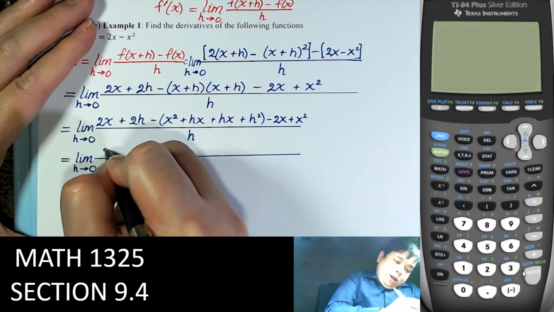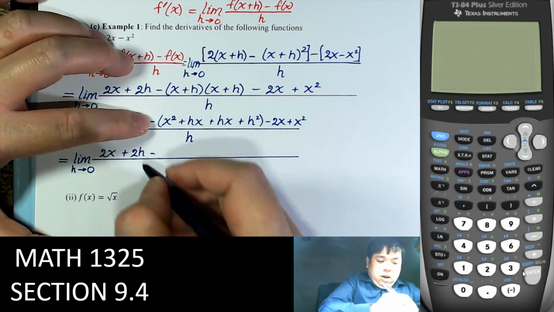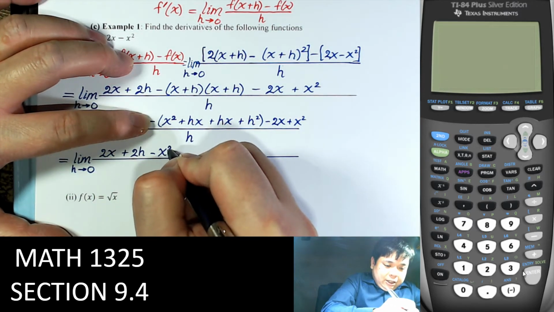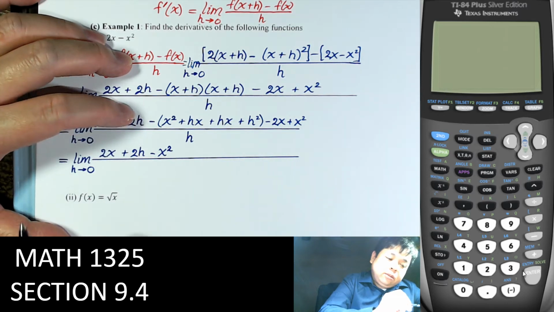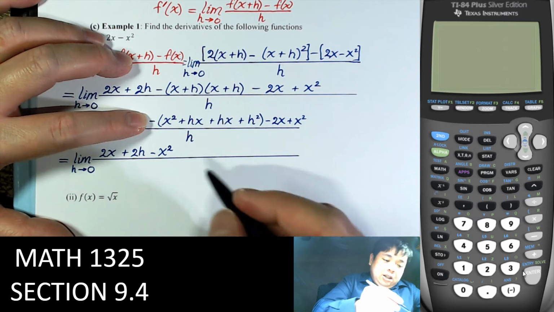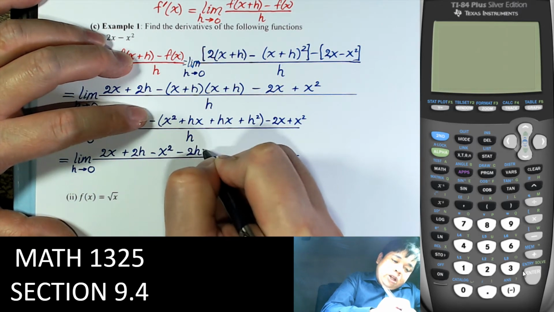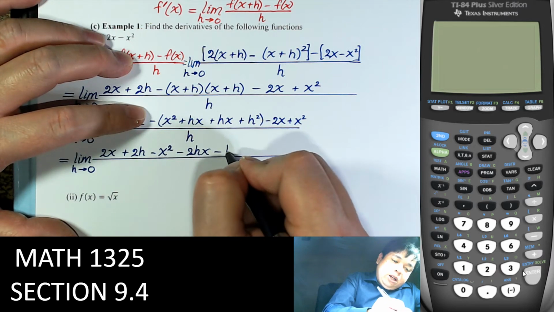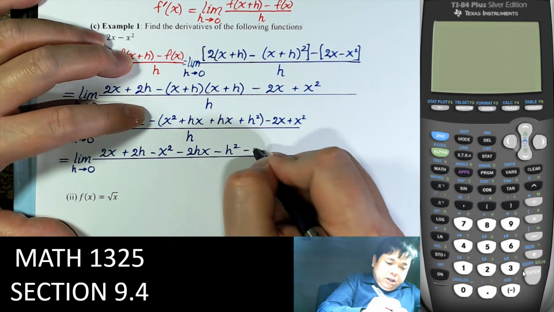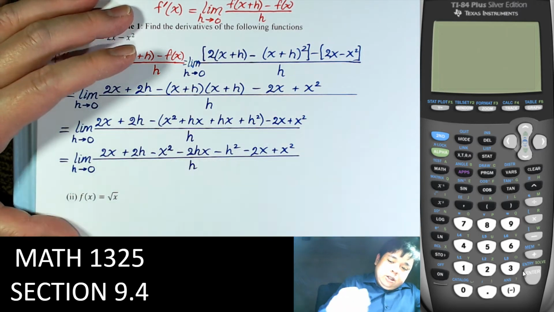Right, 2x, 2h, minus x squared, minus 2hx, and because there's a minus here, minus h squared, minus 2x, plus x squared, over h.